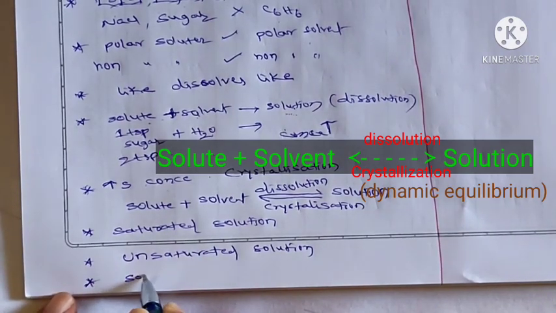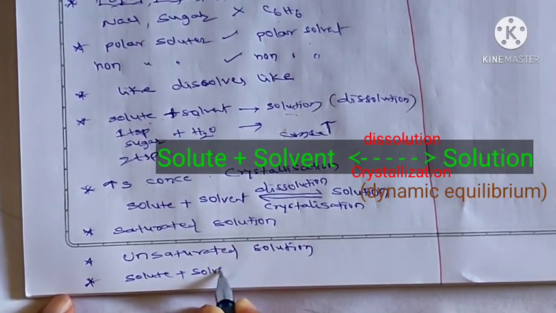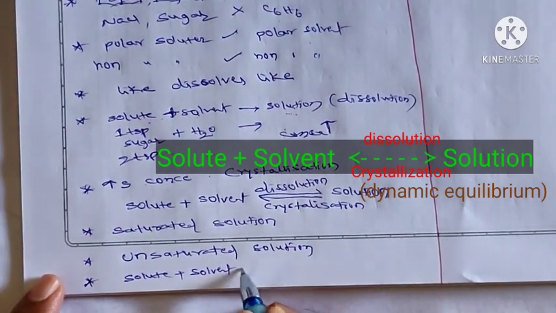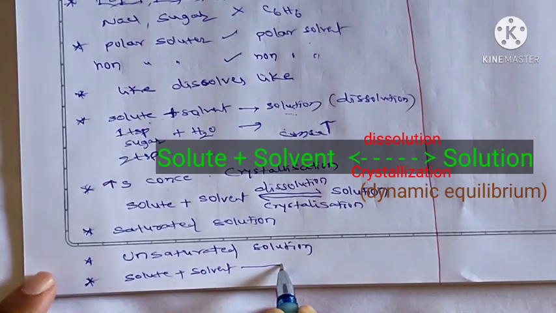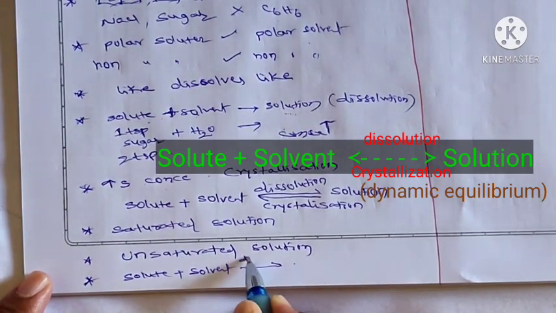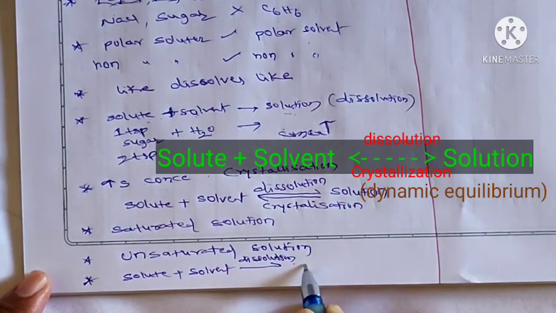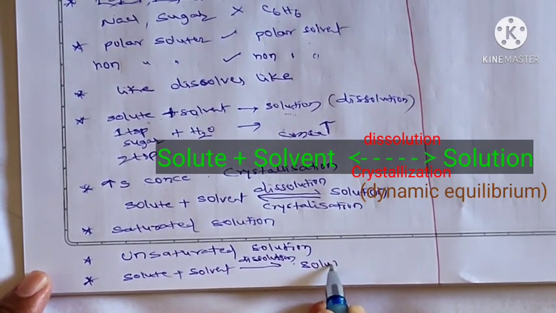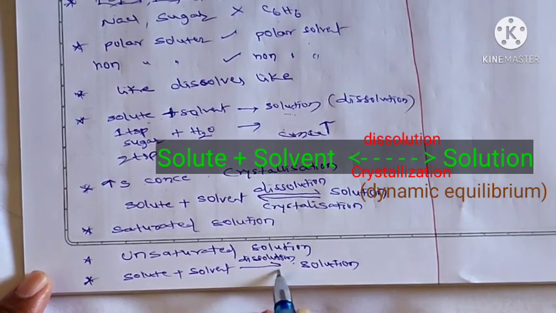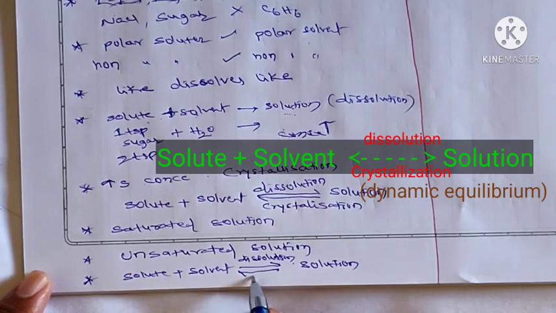So solute plus solvent, the forward process is dissolution, where we get the solution, and the backward process is called crystallization.